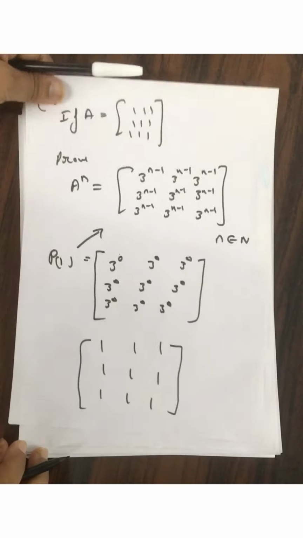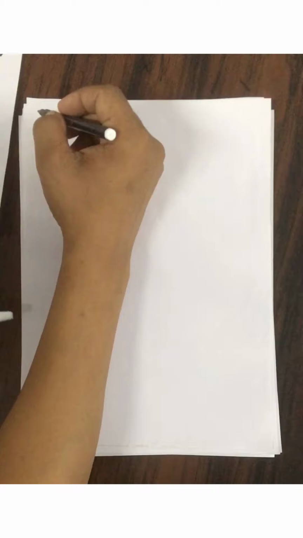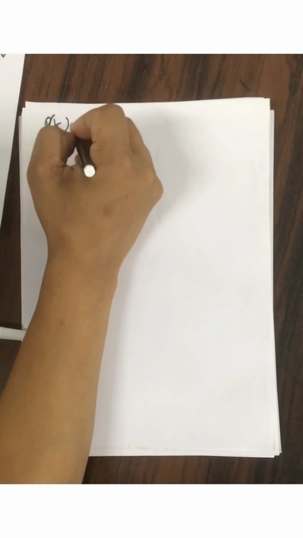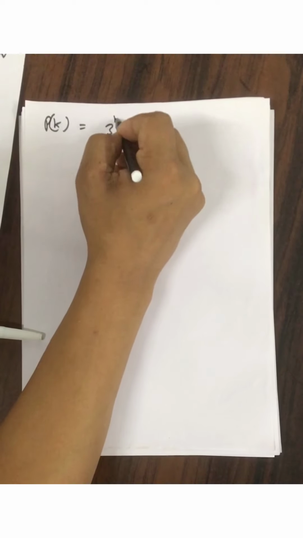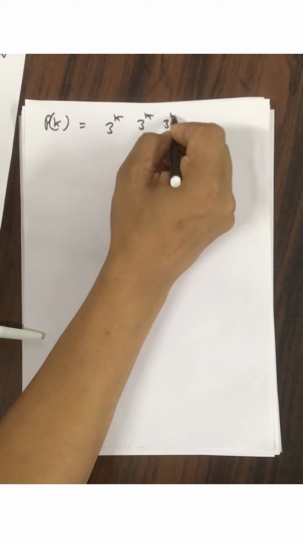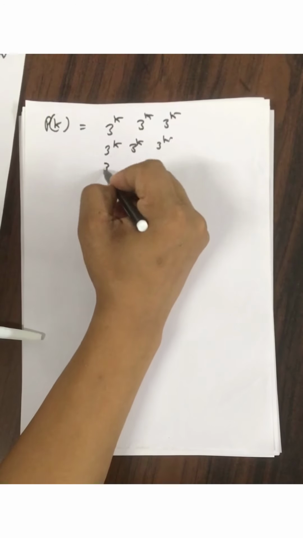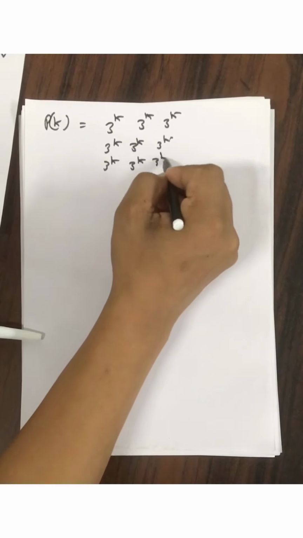Now go for P2. I'll keep this paper just to check. Now we can go for Pk, which will be 3 to the power k minus 1 in every entry.